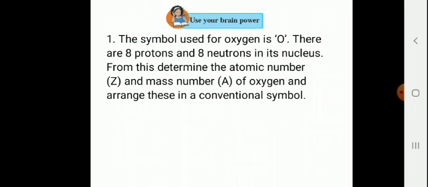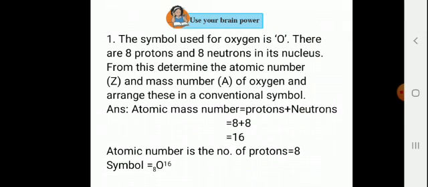Let us see the answer of this. Atomic mass number is equal to protons plus neutrons. There are 8 protons and 8 neutrons. So add them together. So atomic mass number of oxygen is 16. And there are 8 protons present in the nucleus of oxygen, so it is the atomic number. So atomic number is the number of protons and the symbol will be oxygen.